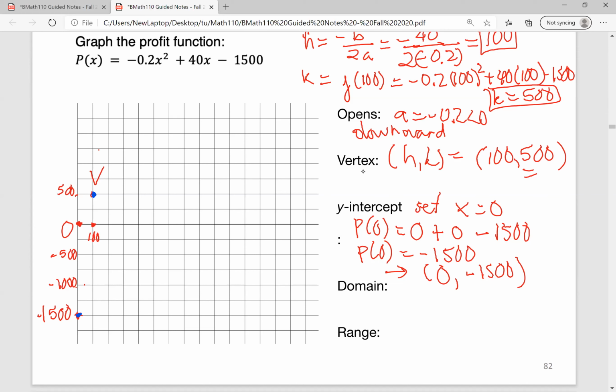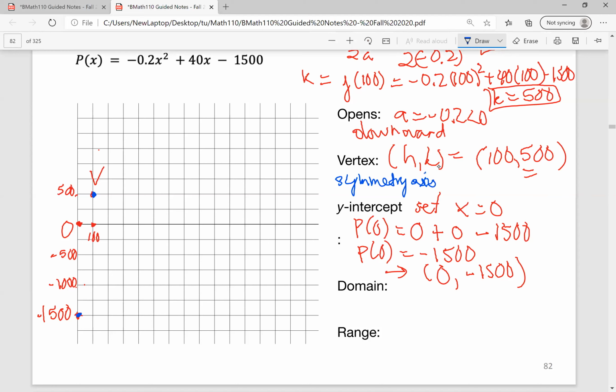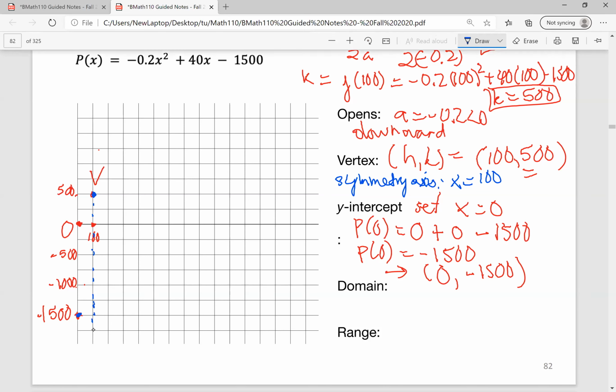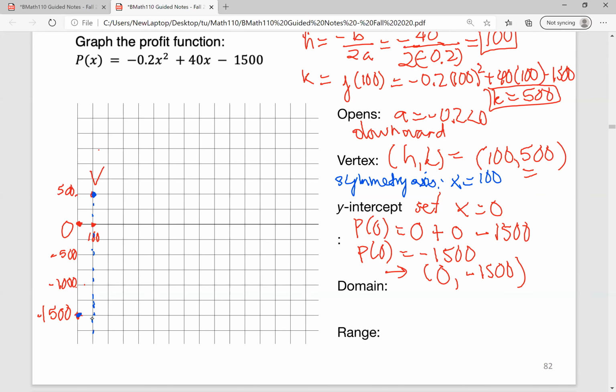Okay. And you should know that for the symmetry axis, this should be x equal to h, which is 100. So I will have a vertical line going through 100, and that should be the symmetry.